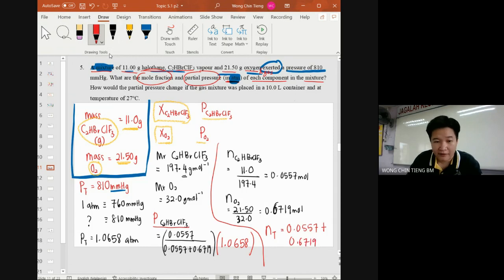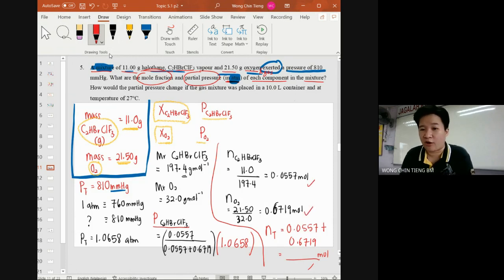Okay, so you will have your number of mole over here. And the number of mole, I think 0.72 something. Right? 0.7276. Okay, settled number of mole. Because once this number of mole is correct, I don't need to give the final answer anymore. Should be correct.